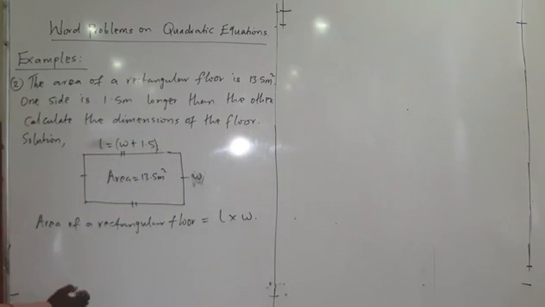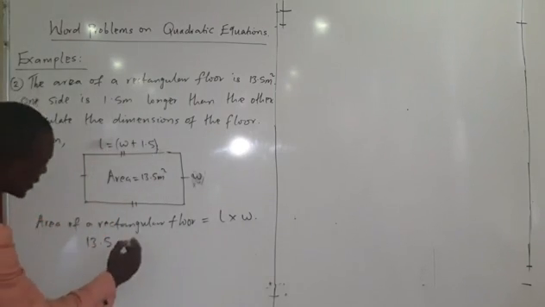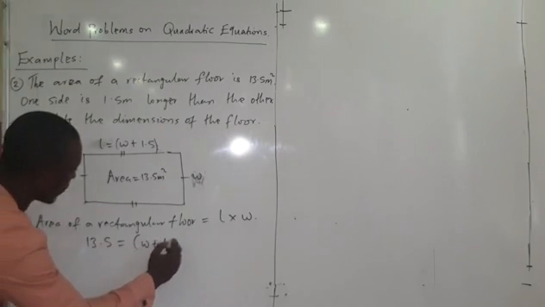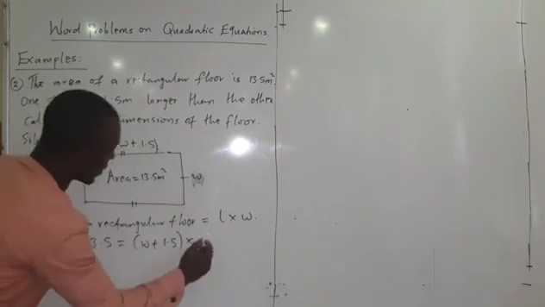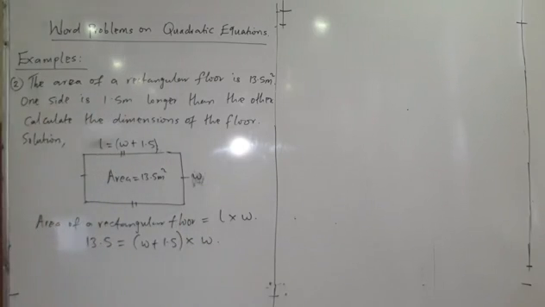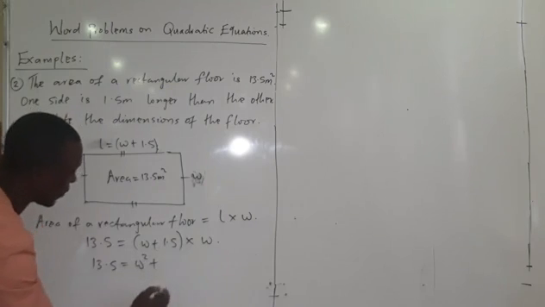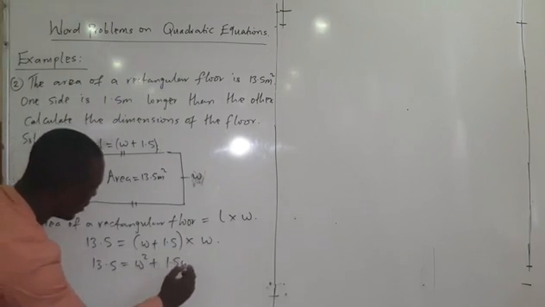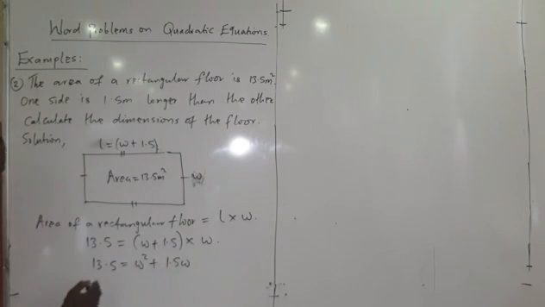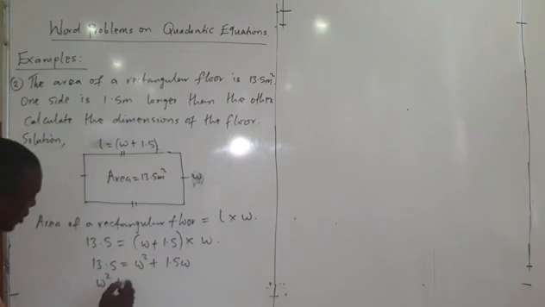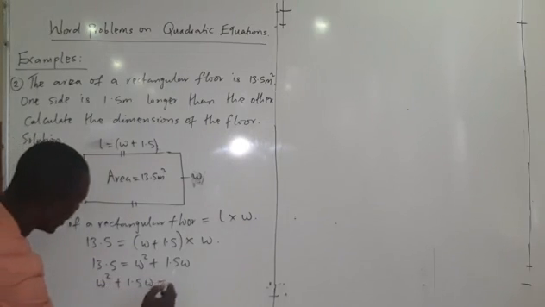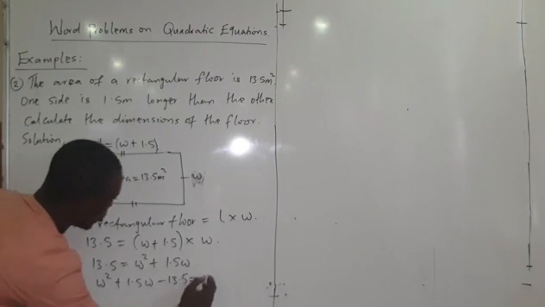So area is given as 13.5, so we have 13.5 equals the length, which is W plus 1.5, multiplied by the width, which is W. So we now open the bracket, so we have 13.5 equals W multiplied by W, that's W squared, plus 1.5 multiplied by W, that's 1.5 W. So you can now rewrite it as W squared plus 1.5 W minus 13.5 equals 0.